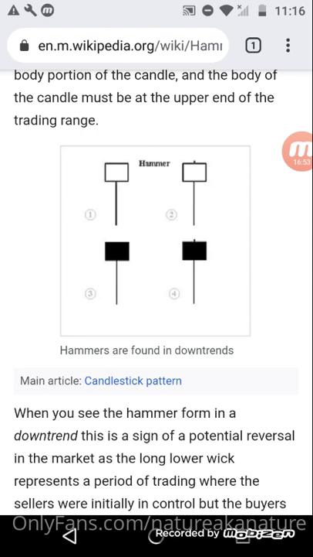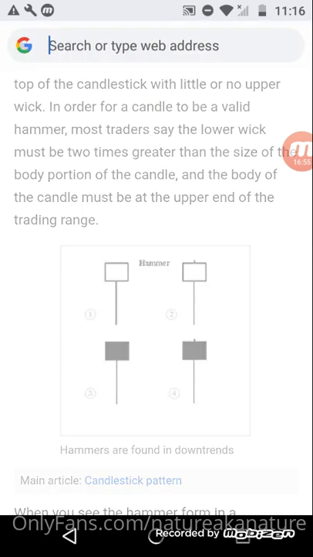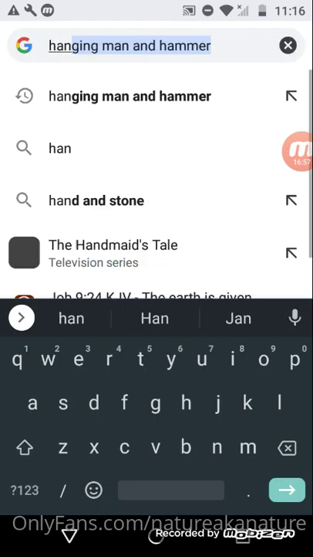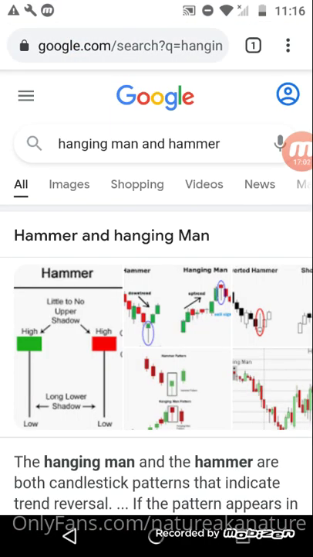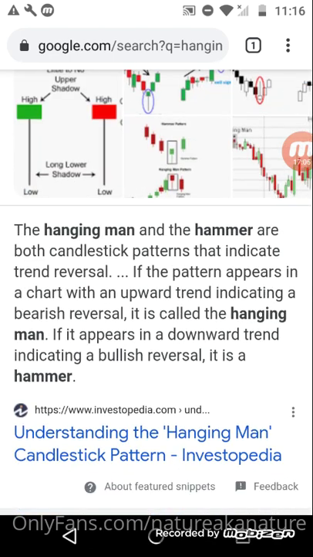They look exactly the same, and both are candlestick patterns that indicate a trend reversal. The only difference is that a hanging man forms during an uptrend, and a hammer, hammering out at the bottom, forms during a downtrend.